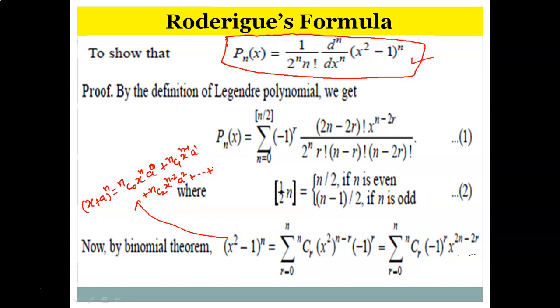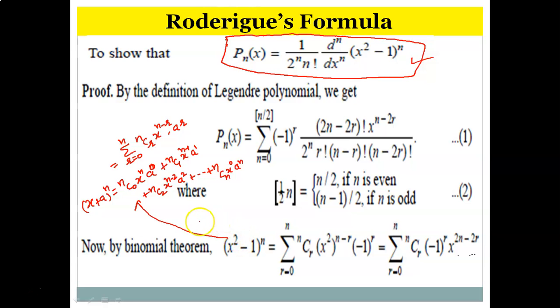The last term comes out to be nCn x^0 a^n. In compact form, we can write it as summation r going from 0 to n of nCr x^(n−r) a^r.